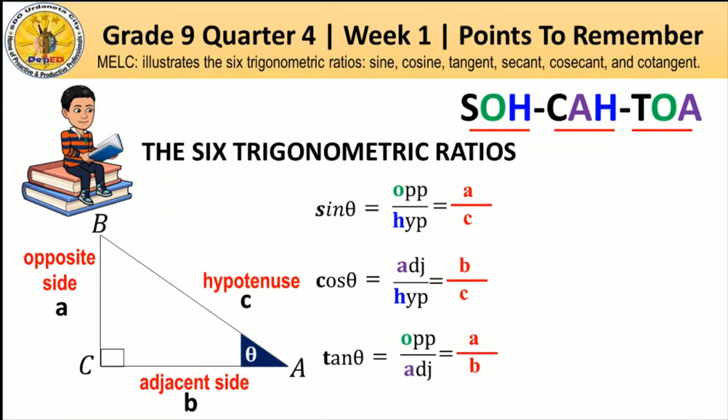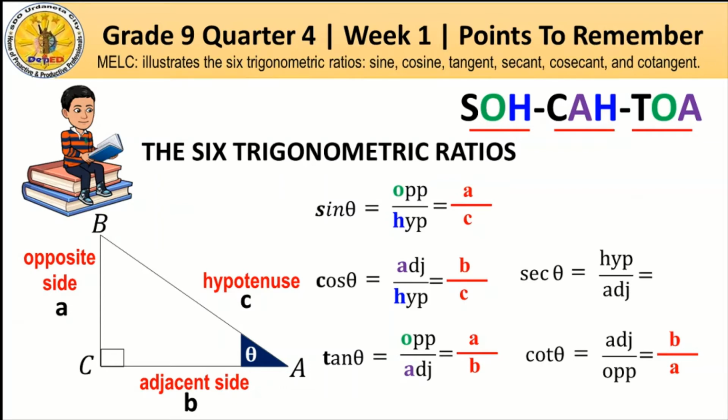The remaining trigonometric ratios are just the reciprocals of the first 3 ratios. We have cotangent theta equal to adjacent over opposite, or b over a. This is the reciprocal of tangent. Next, we have secant theta equal to hypotenuse over adjacent, or c over b.